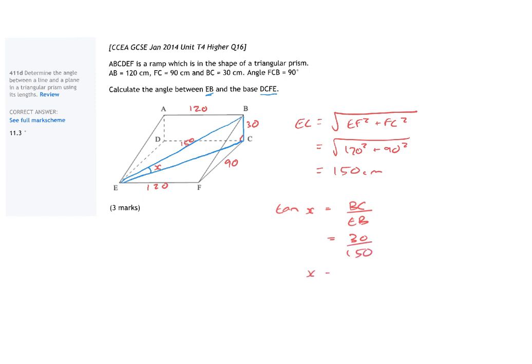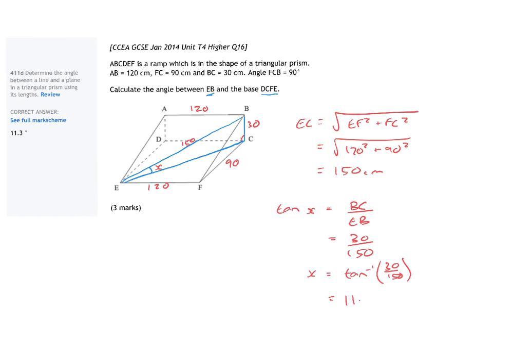So x is equal to sin to the minus 1 of 30 over 150, and therefore x equals 11.3 degrees to the nearest decimal place.